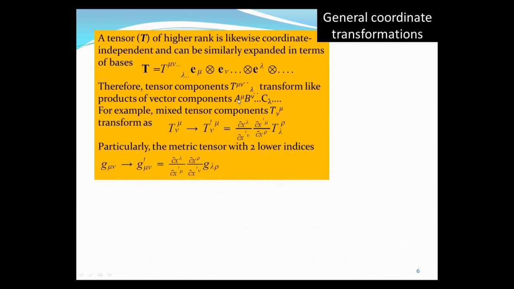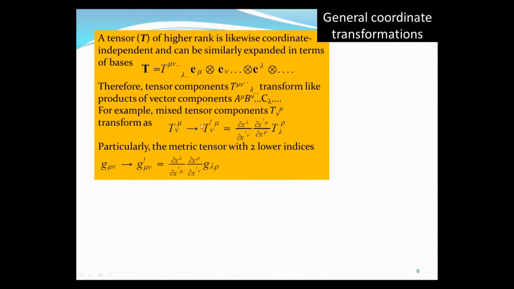They transform the same way as products of vectors. Like in this case, you have two upper indices; they transform as a product of the contravariant components. One upper and one lower index transforms as a product of contravariant and covariant components, C sub lambda.